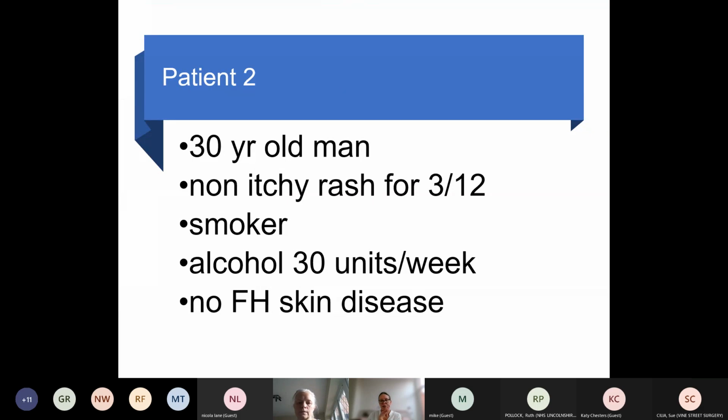Yeah, I haven't said that. He works in an office. Medication, nothing particularly, nothing new, not on any regular medication, pretty fit and healthy. Where is it? Knees and elbows.